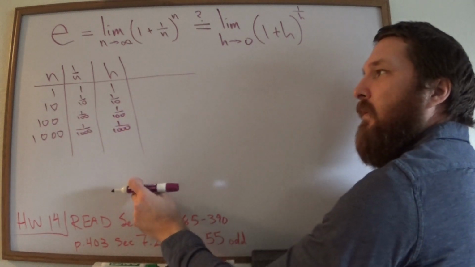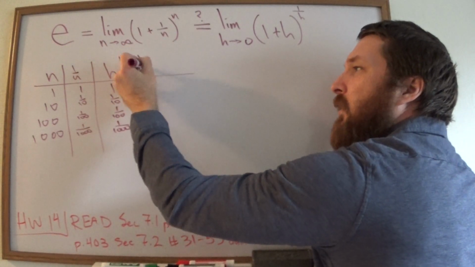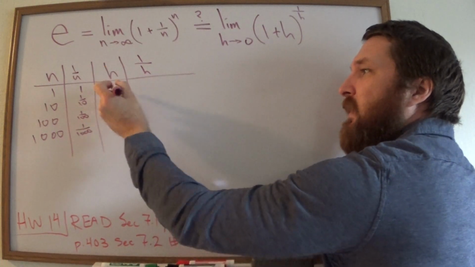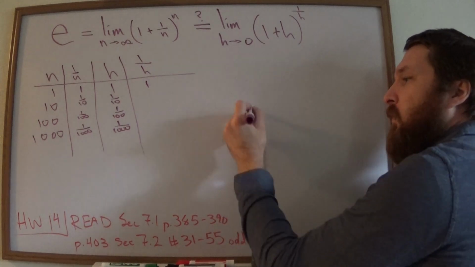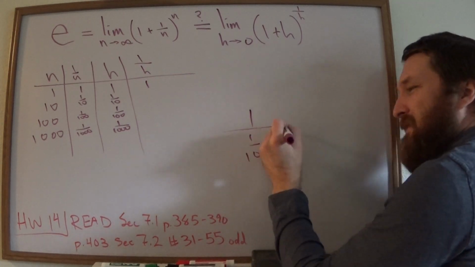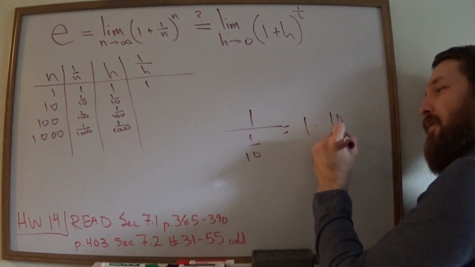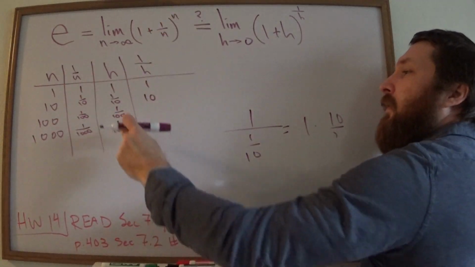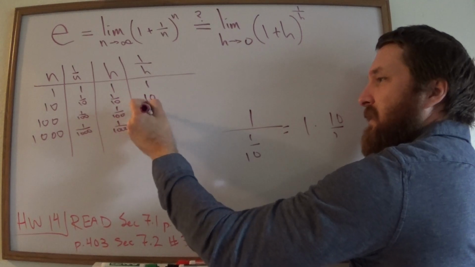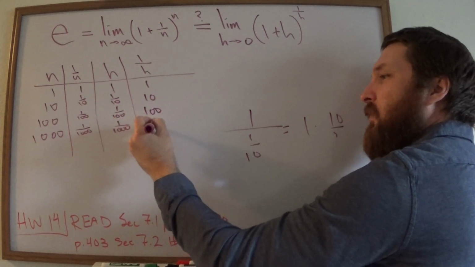Meanwhile, 1 over h is doing 1 over 1, then 1 over 1/10, which is the same thing as 1 times 10 over 1, which is just 10. And then 1 over 1/100, which is just 100, and so on and so forth.